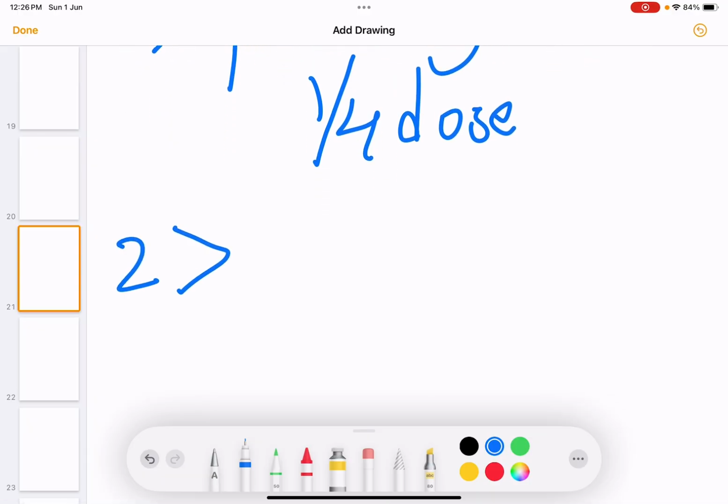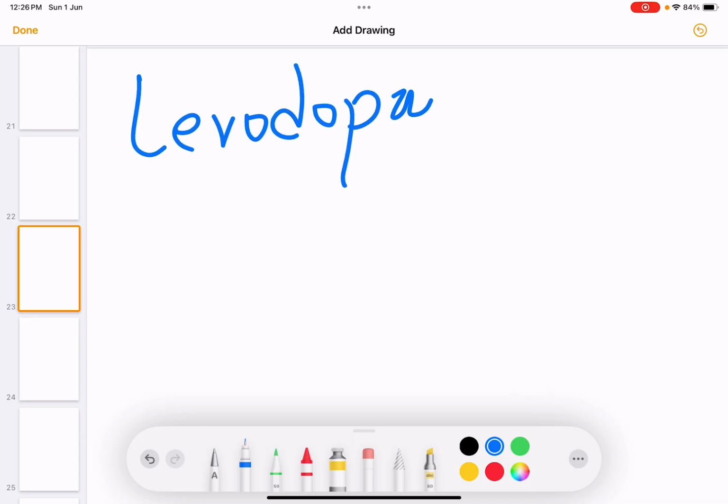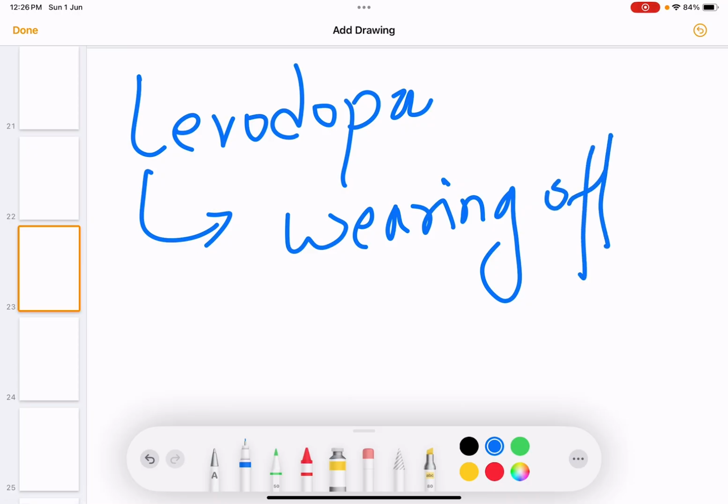Secondly, there is something called as on-off effect. So with levodopa there is a problem. We'll discuss it. What is the problem with levodopa? That with time the effect of levodopa wears off as there is degeneration of dopaminergic neurons and as there is loss of neurons in striatum also which contains dopamine receptors. There is wearing off phenomena. Effect of levodopa wears off. There is also something called as on-off phenomena.